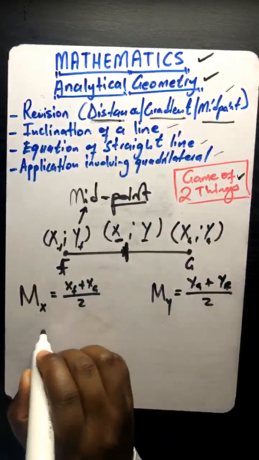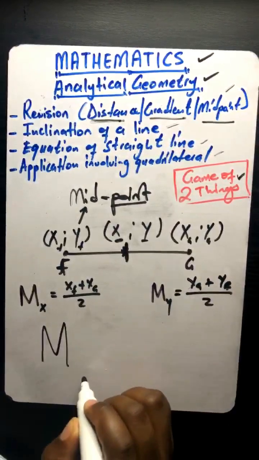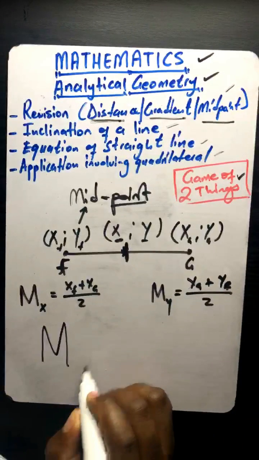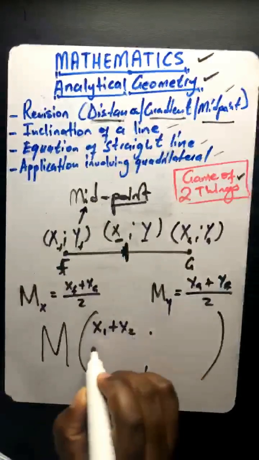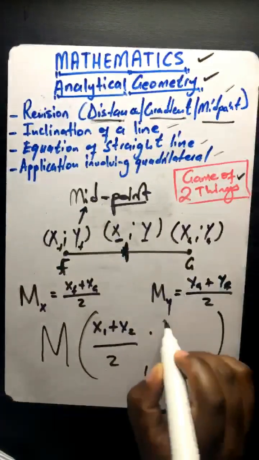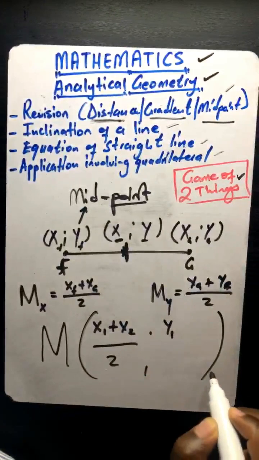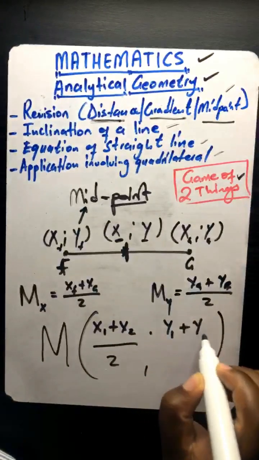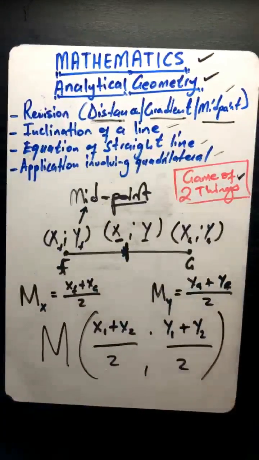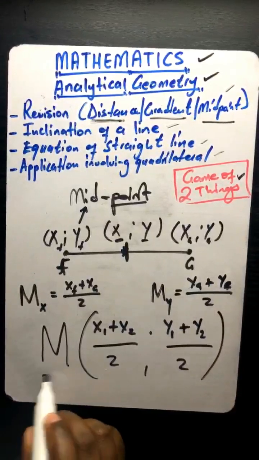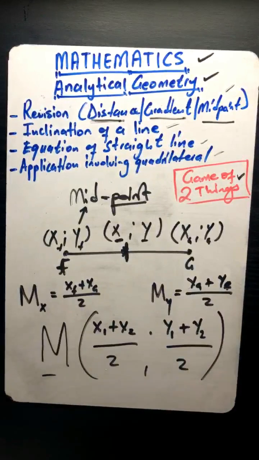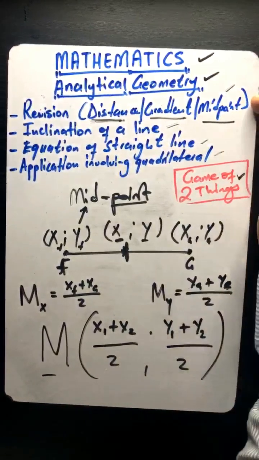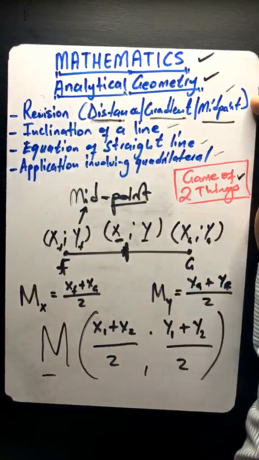To summarize, at school they are just going to say, to calculate the midpoint, you say x1 plus x2, divided by 2. Then you do the same for y: the y of the first point plus the y of the second point, divided by 2. It is going to give you the midpoint. So that was a quick revision regarding distance, gradient, and midpoint.